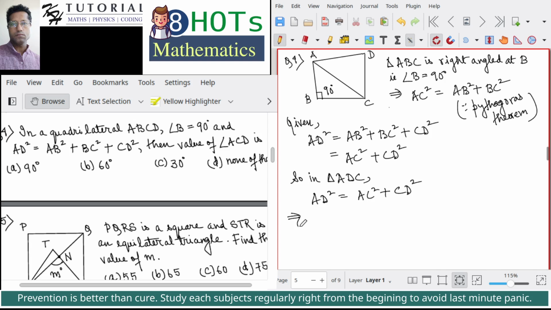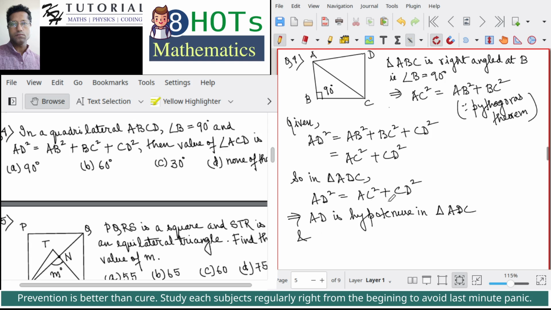Now which angle will be the right angle? Since AD has to be the hypotenuse in triangle ADC, the right angle will be on the right hand side. You see, AD square is equal to AC square plus CD square.